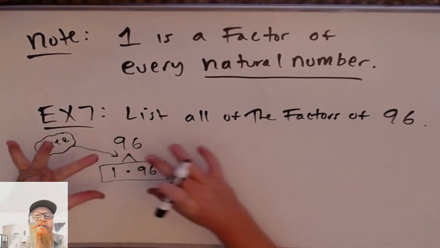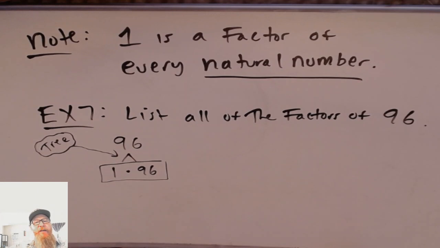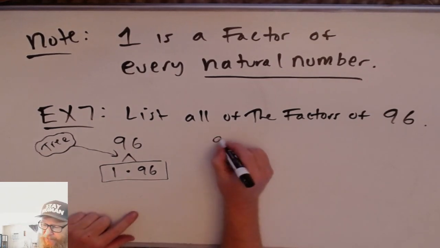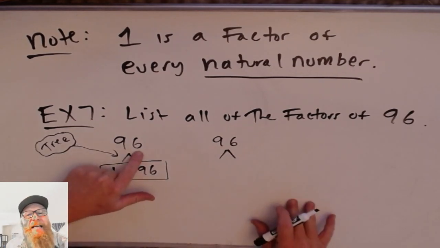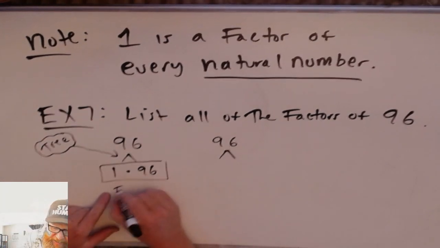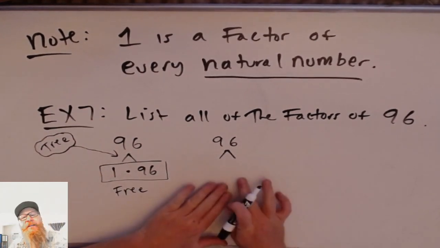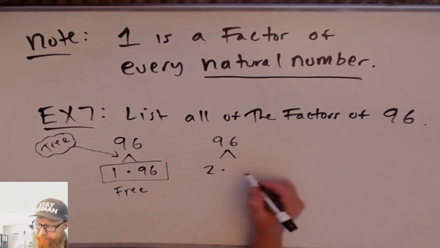Now I'm just going to do a little bunch of mini trees. I'm not going to draw a big giant factor tree. So now let's talk about divisibility. Is 96 divisible by 2? Always start with the free answer, 1, and then start with 2. Is it divisible by 2?